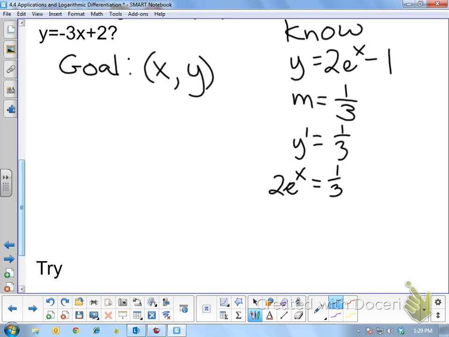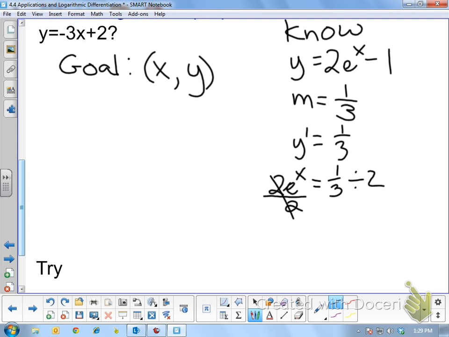I need to solve for x now. Once I have an equation with only one variable, I can solve for that variable. So what should I do to solve for x? We can only do that if we only have e to the x on that left side. So we've got to do something with the 2 first, and then we will natural log. Divide by 2. Write it differently on the right because we're working with fractions. For me, I really need old school fraction notation.